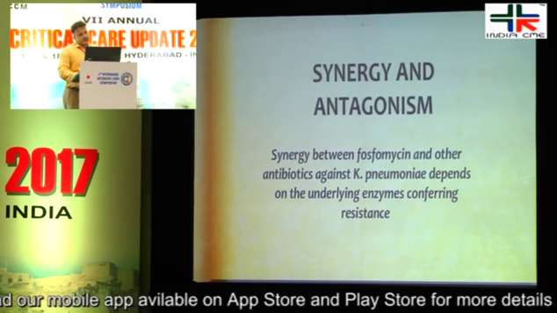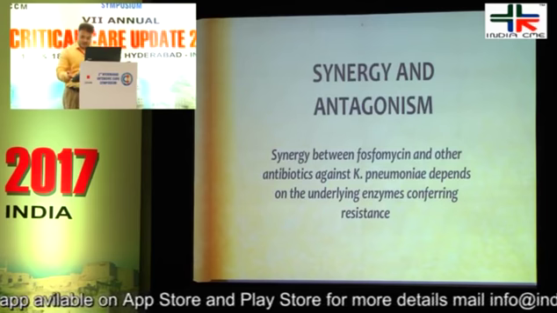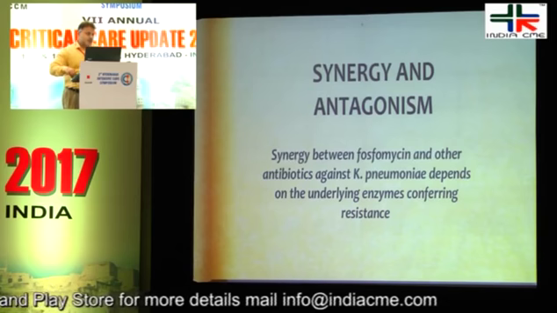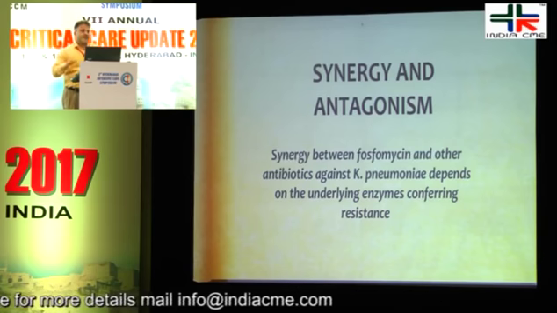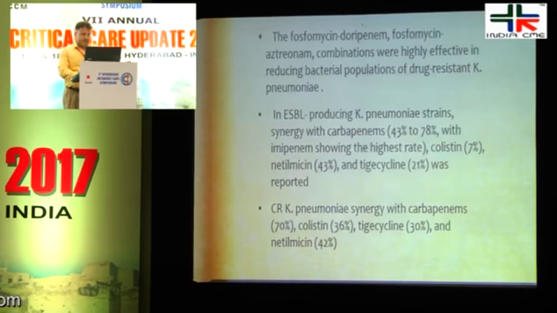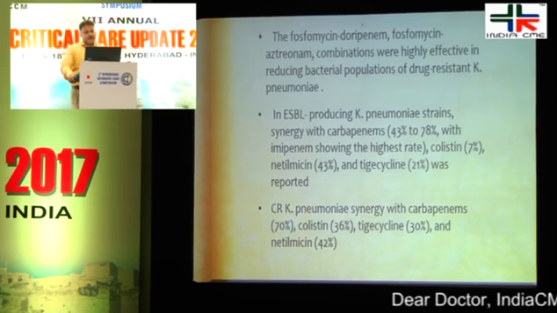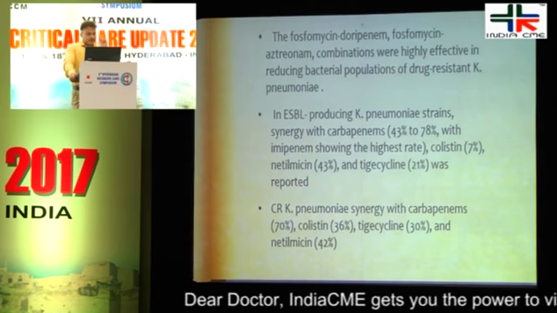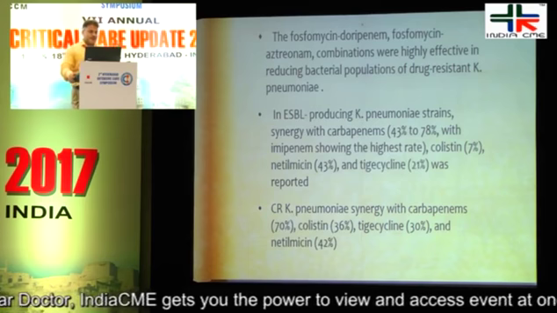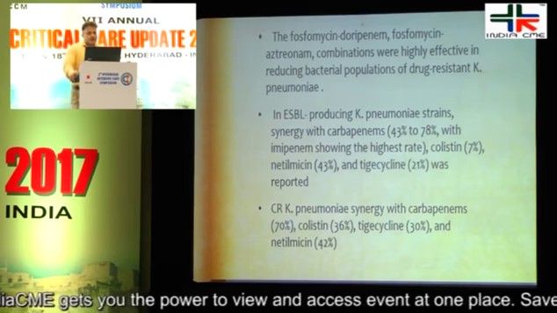Now coming to synergism and antagonism, because fosfomycin so far is not recommended as a standalone drug. Wherever we are using it in combination with other drugs, particularly to treat MDR bugs, particularly Klebsiella or other Enterobacteriaceae. Different combinations have been tried, but if you start seeing the data in ESBL-producing Klebsiella pneumoniae, it was around 43 to 78% with carbapenem showing synergistic action.